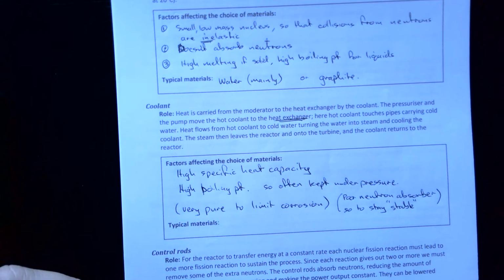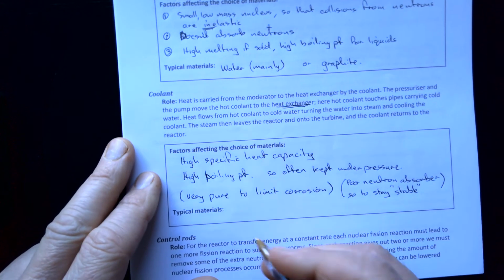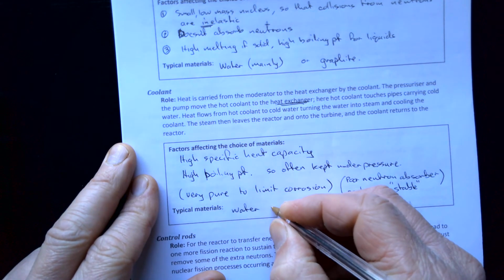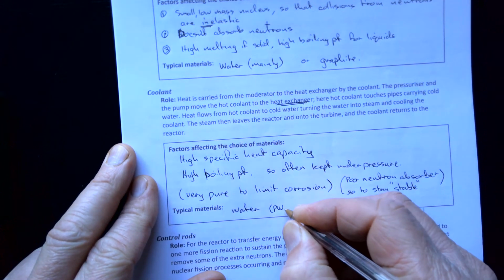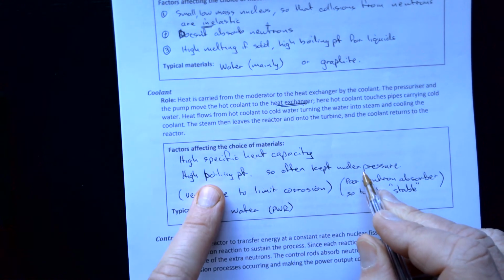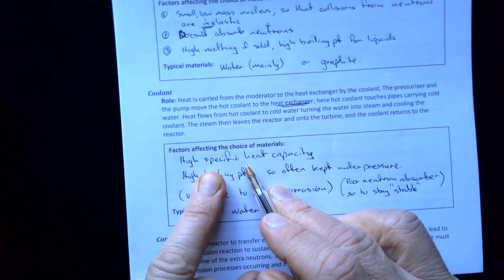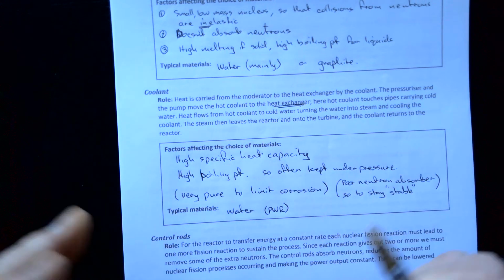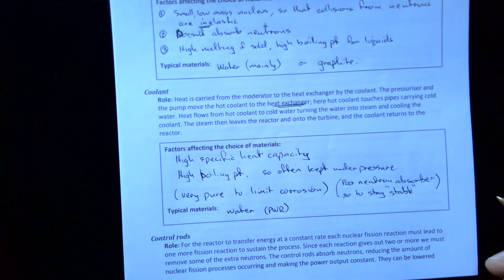So what is a good material to use? Well, water. Okay, that's why we have the PWR reactors. Pressure prevents it boiling. It has a very high specific heat capacity. It's a great material for absorbing energy. Water, 4,160 joules for every degree centigrade rise of a kilogram of water.